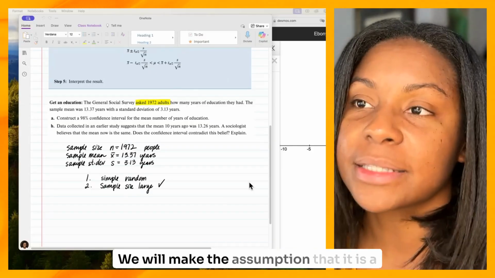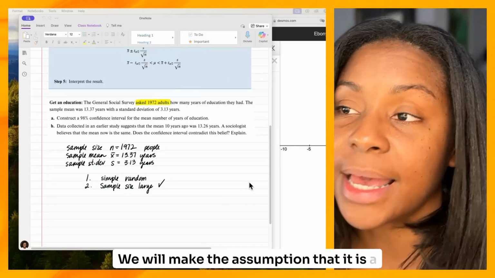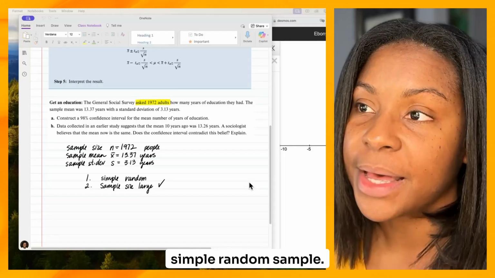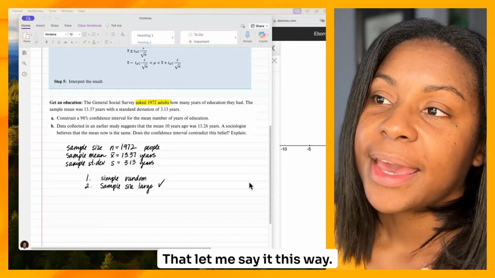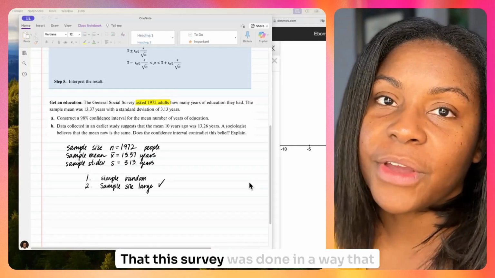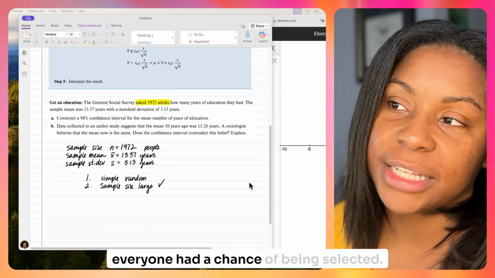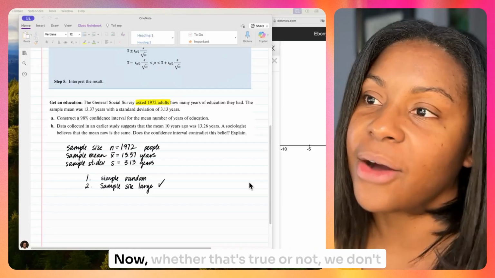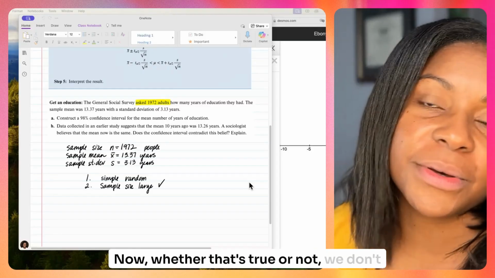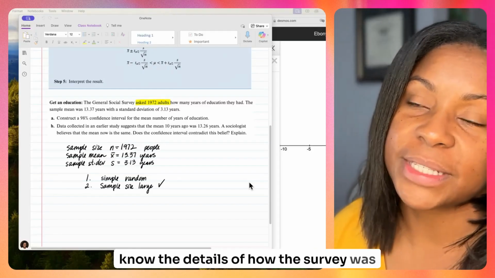We will make the assumption that it is a simple random sample. Let me say it this way, that this survey was done in a way that everyone had a chance of being selected. Now, whether that's true or not, we don't know the details of how the survey was collected.